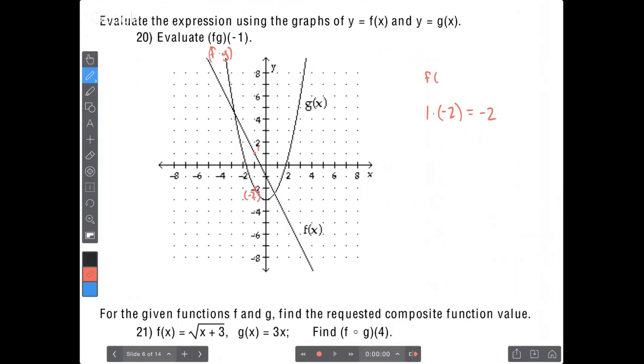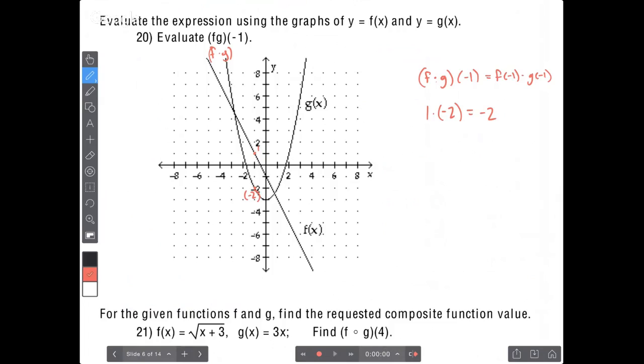So this was f times g of negative 1, which is the same as f of negative 1 times g of negative 1. So we had 2 points that we were looking at.